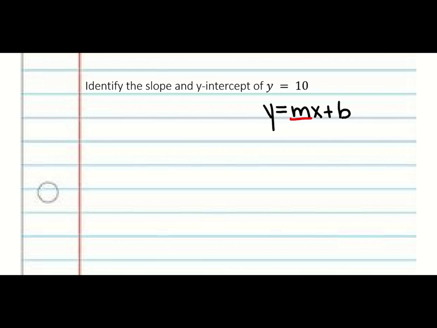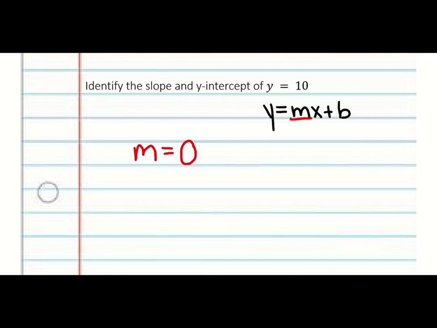So if I look at this problem, there is no x in the problem. So the only number that's going to mean that I have no x, what number means you have nothing? Well, that number is 0. So in this case, my slope is 0 because there is no x in the equation.